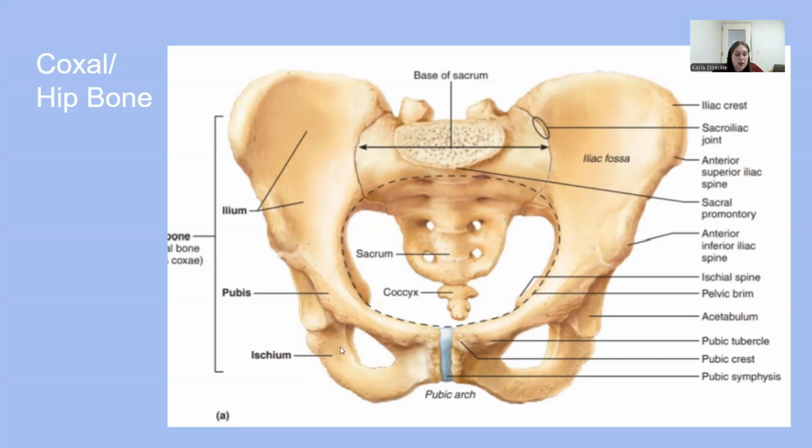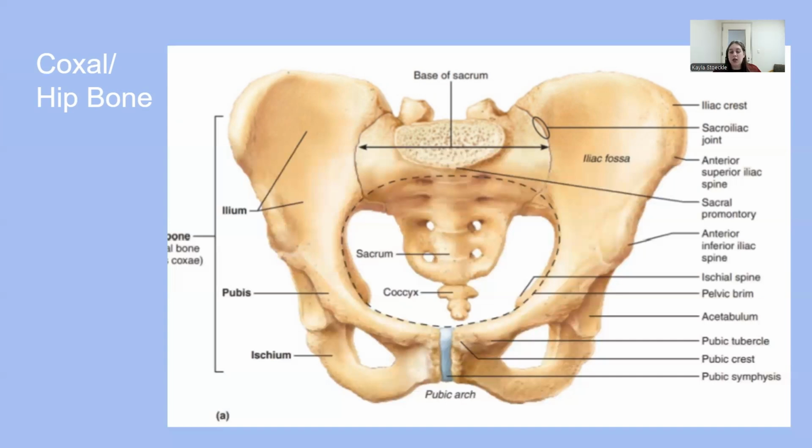But you have the ischium here, and so this one you can't really see, but you have the ischial tuberosity, which is below the acetabulum, and this is where you sit. It will be really helpful to look at the models to see how you sit. These are going to be closest to whatever structure you're sitting on.